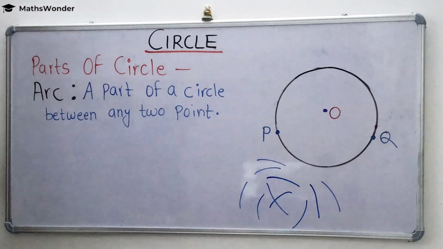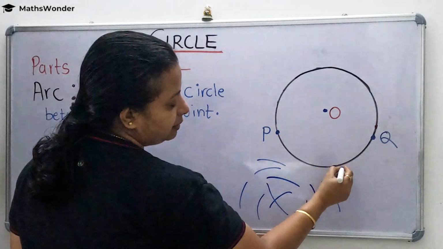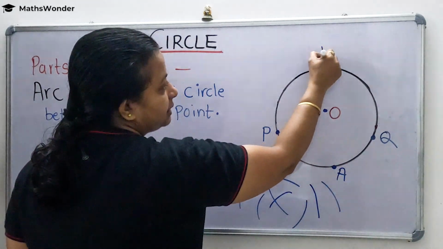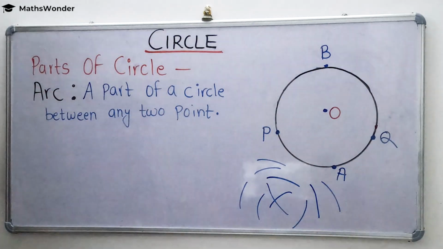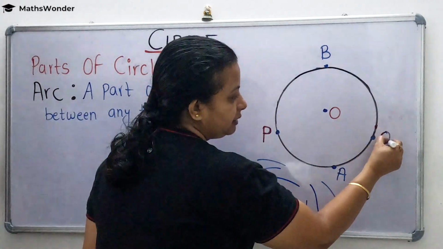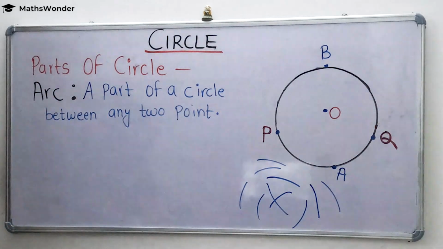Okay, write down. Suppose I give the name A here and B here. But the main part is P and Q. So we are dividing the arc with P and Q. So how can we write it? You have written the definition, no?